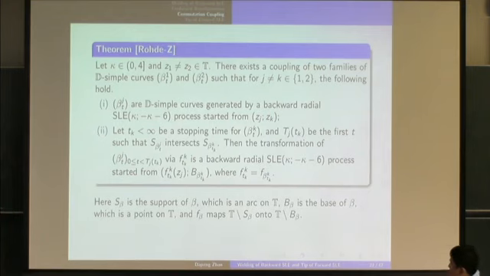And F_beta maps the disk without the support onto the disk without the base.